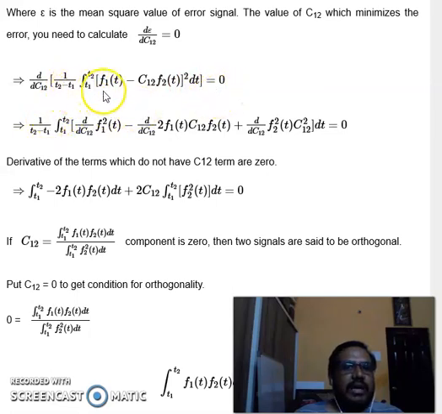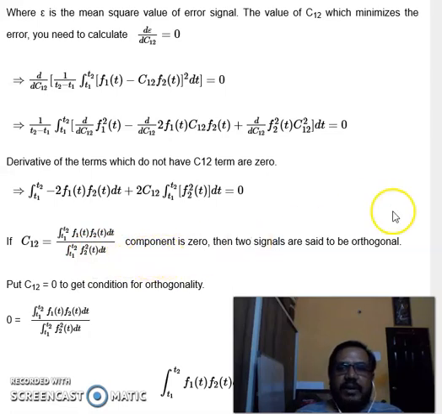If you expand a minus b whole square, it is a square minus 2ab plus b square. So this is solved, and we can find that c12 is equal to integral of t1 to t2 f1 of t f2 of t dt by integral of t1 to t2 f2 square of t dt.